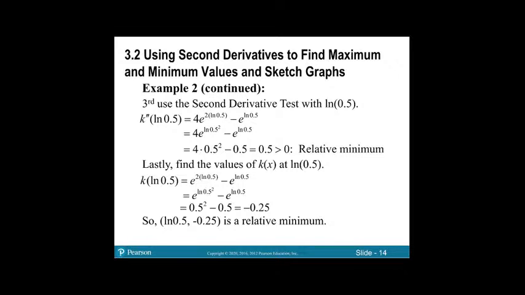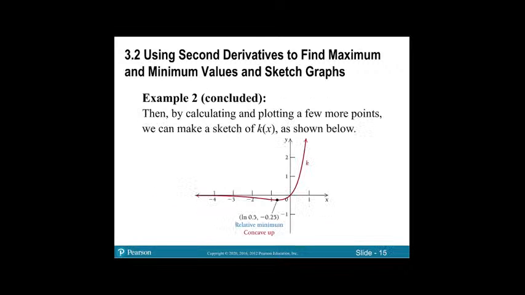So k double prime of that number and they get a half like we got, which is positive. So that means we have a relative minimum. I think that's what we said, right? So then we find the ordered pair. So you get natural log of a half, you get a negative 0.25. That's the ordered pair. That's going to be a relative min. And then again, I would just make a table to choose additional points, and you should get something like this.